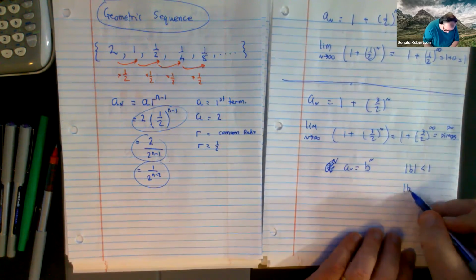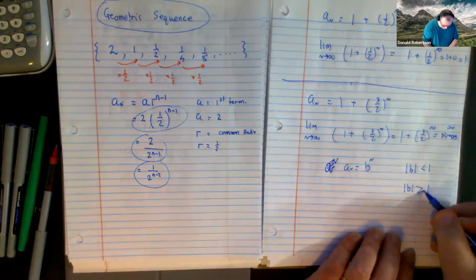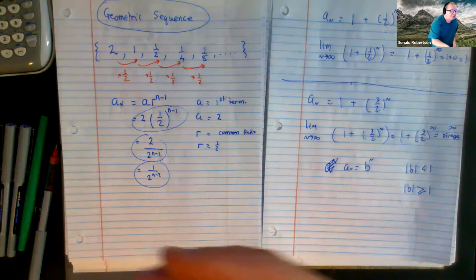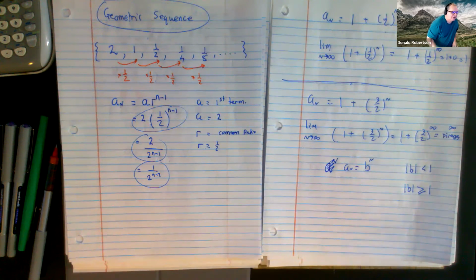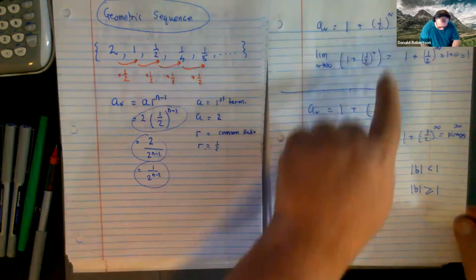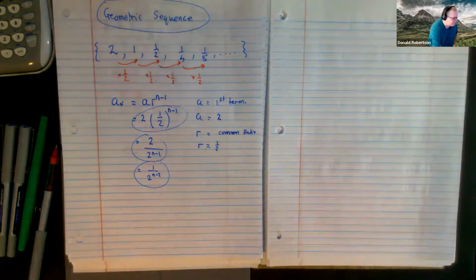And if the absolute value of b is greater than or equal to 1, it would diverge. So if you're doing a half to the power of n, won't that go to 0? But if you do 1.1 to the power of n, won't that go to infinity? That's basically what I'm trying to say here. So you can do brute force on these, which are really in the geometric series family.